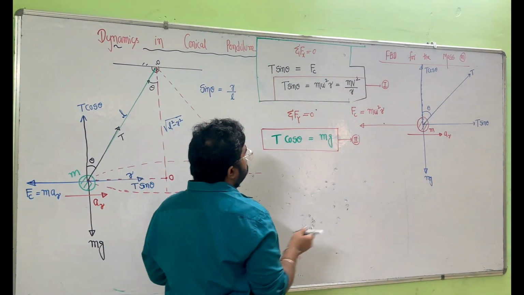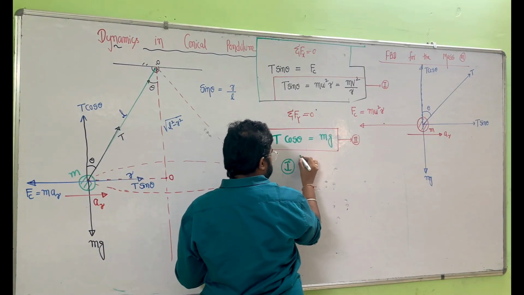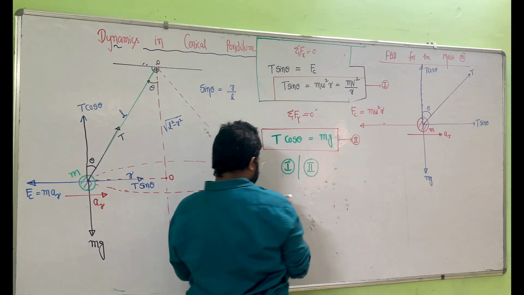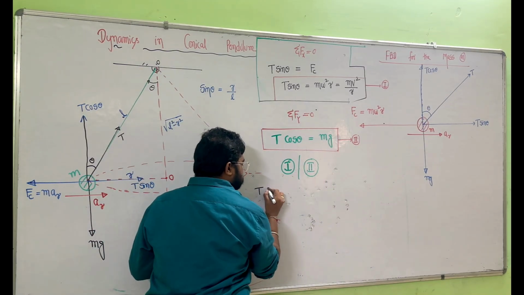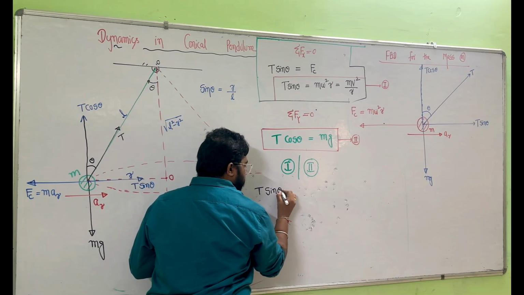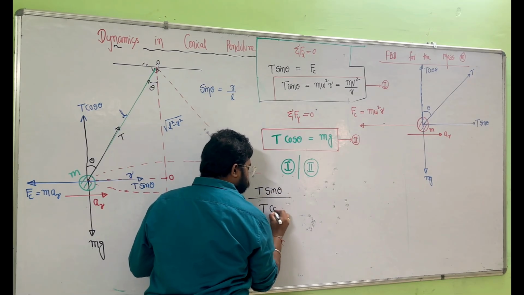Now you can make 1 by 2. What is obtained?